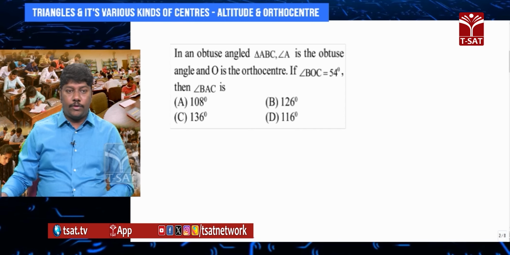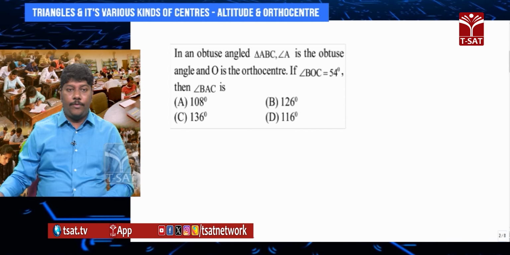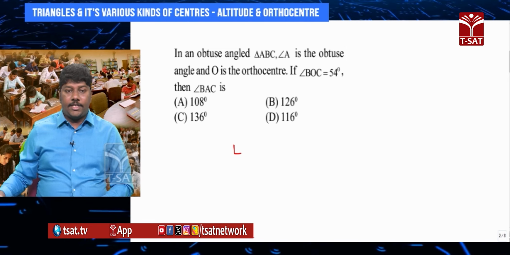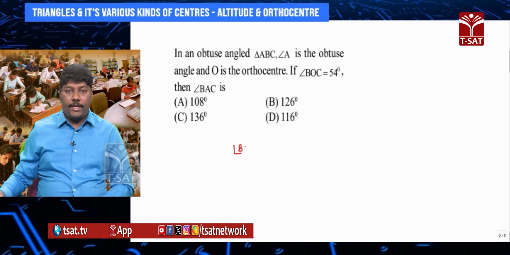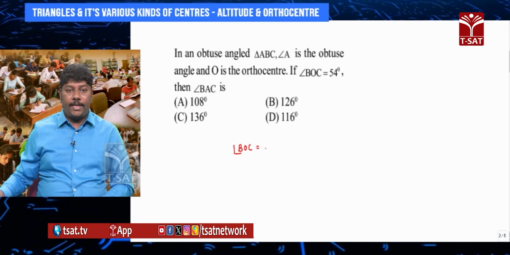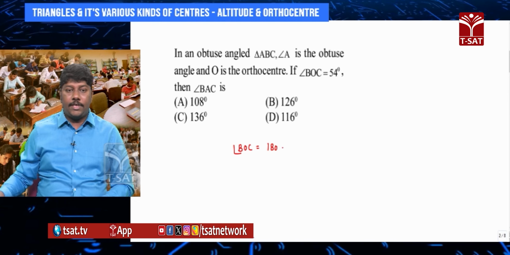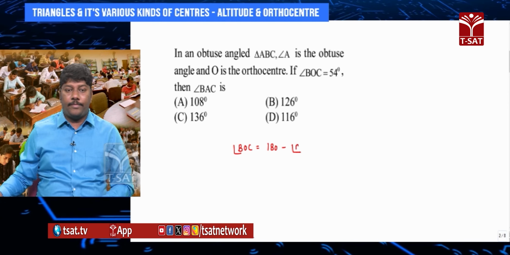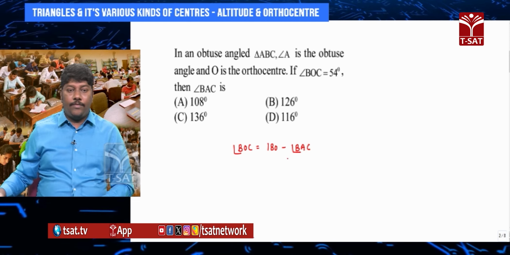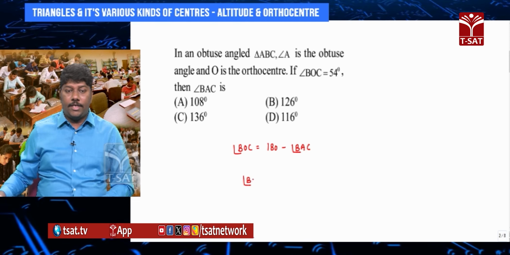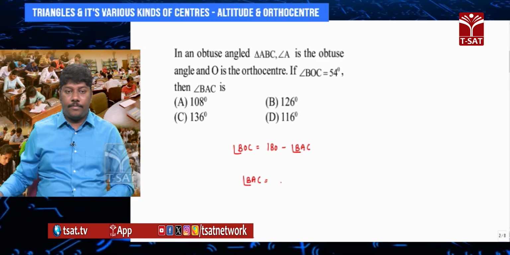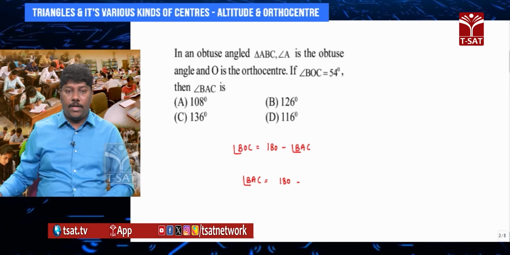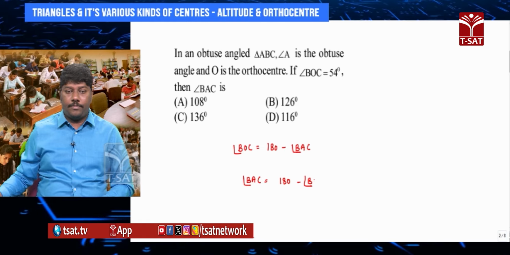The angle formed at the orthocentre, that is BOC, whether it is acute or obtuse, angle BOC is equal to 180 minus angle A, or else you can say 180 minus angle BAC, and vice versa. If I ask you what is angle BAC, it is 180 minus angle BOC.